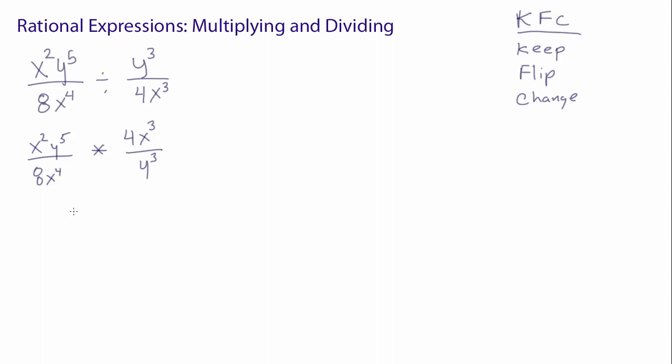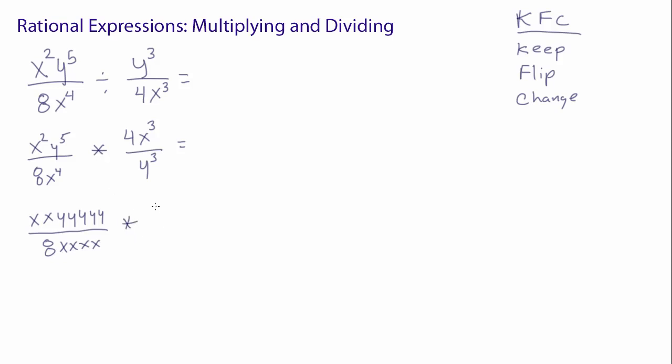Okay, and to make it a little bit easier, we're going to take x squared and y to the 5th and write out the factors. So x squared is really x times x. y to the 5th is 5 factors of y: 1, 2, 3, 4, 5, divided by 8 x to the 4th, which is 4 factors of x.